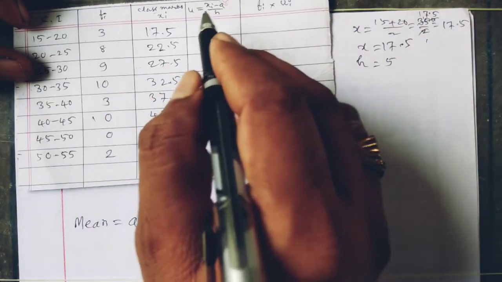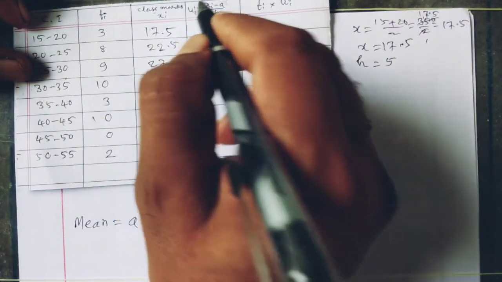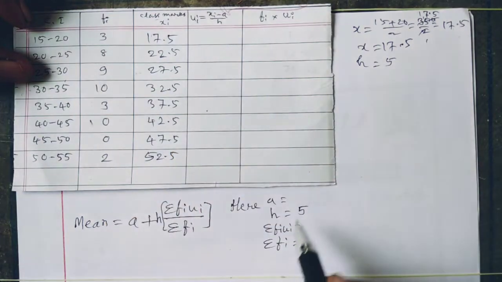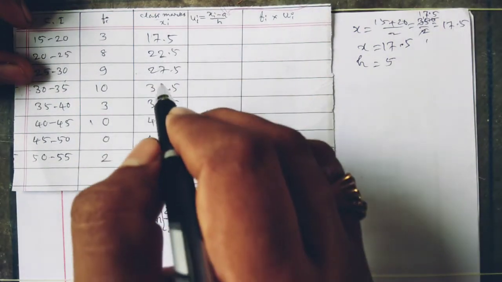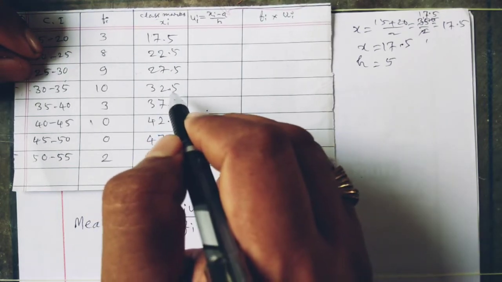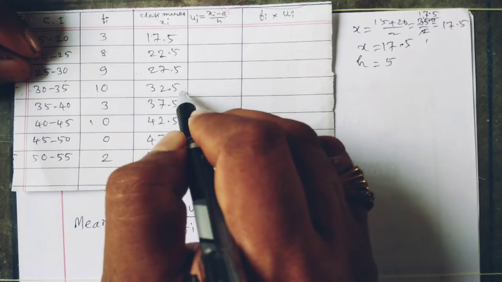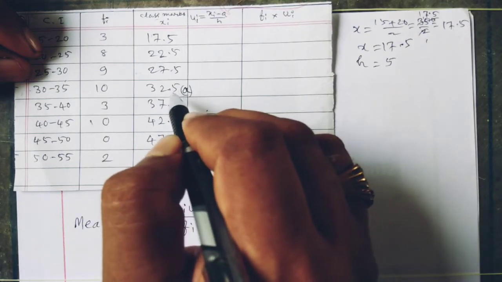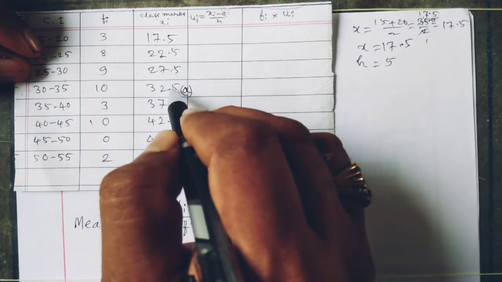Next we have to find ui. How to find ui? Here first we have to identify the assumed value.